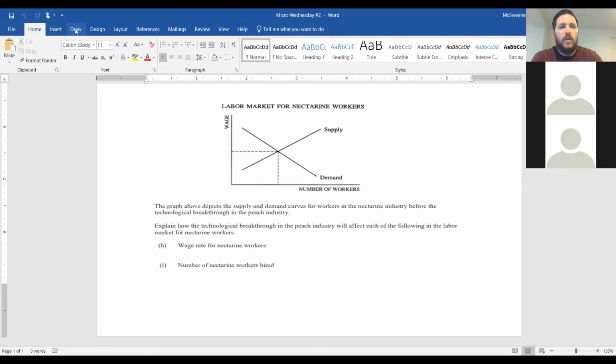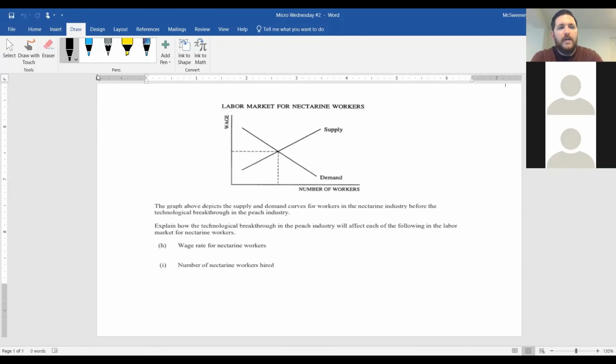In this example, I'm just going to draw right on the market, our demand would decrease. If our demand for labor decreases, well, that's our new wage, and this is the new quantity of workers that is demanded.